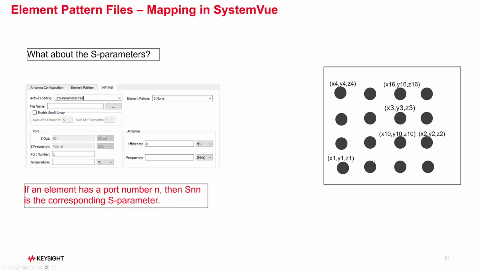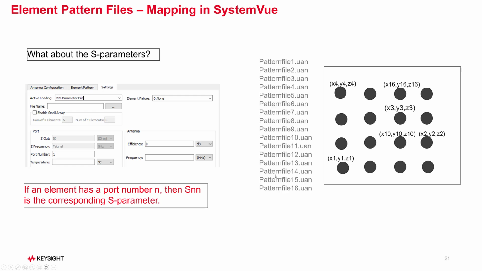So S11 will be here because the first coordinate, the port P1, is here, and S16 will be the third on the top row. They just naturally follow. So we have not much ambiguity left if we want to think of S parameter assignment to these pattern files.